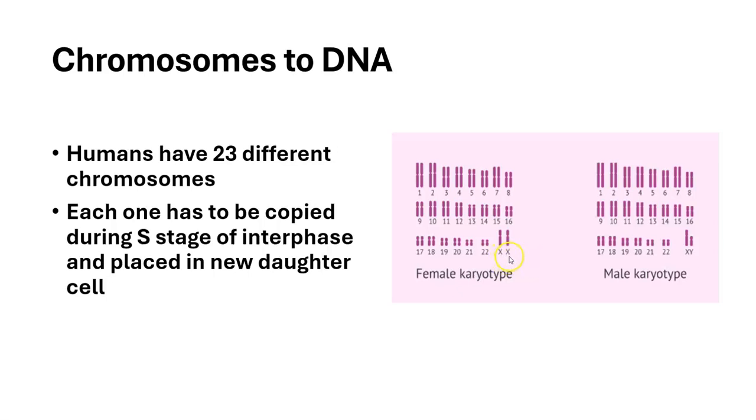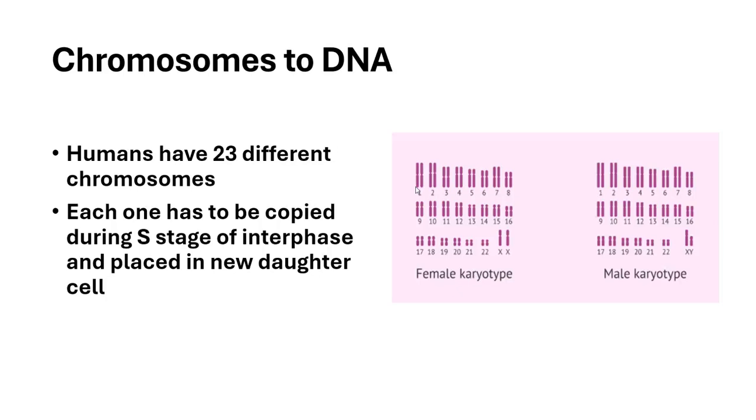You see two X chromosomes for the female and an X and a Y chromosome for the male. But outside of that, they both have chromosomes 1 through 22. Chromosomes 1 and 2 are very large compared to chromosomes 21 and 22, which are a lot smaller in size.